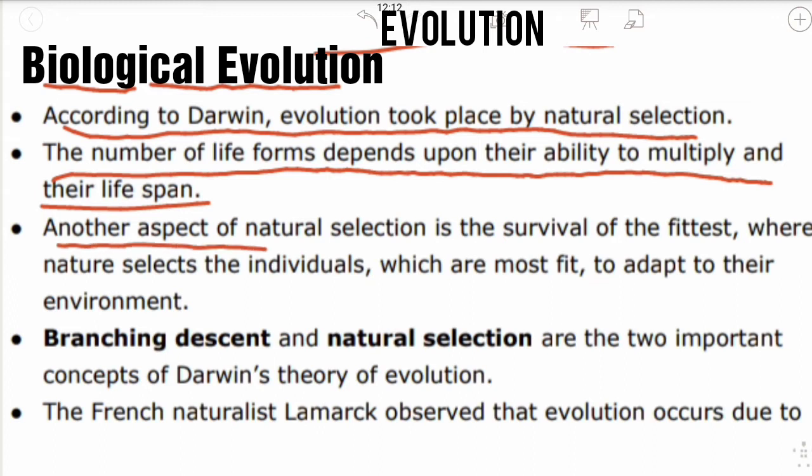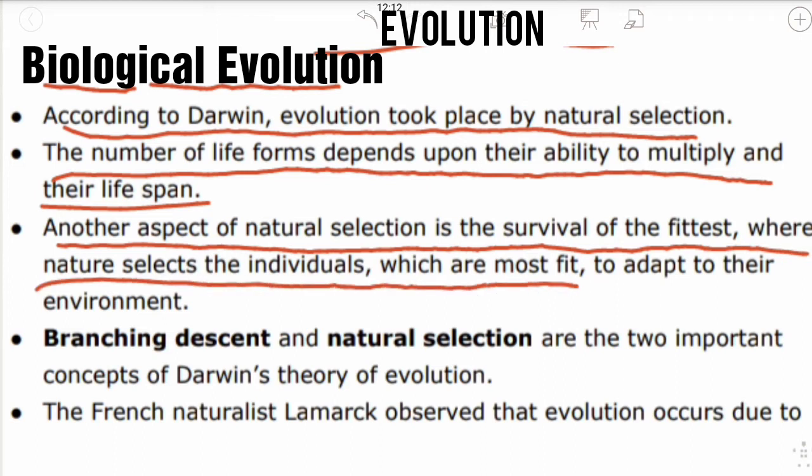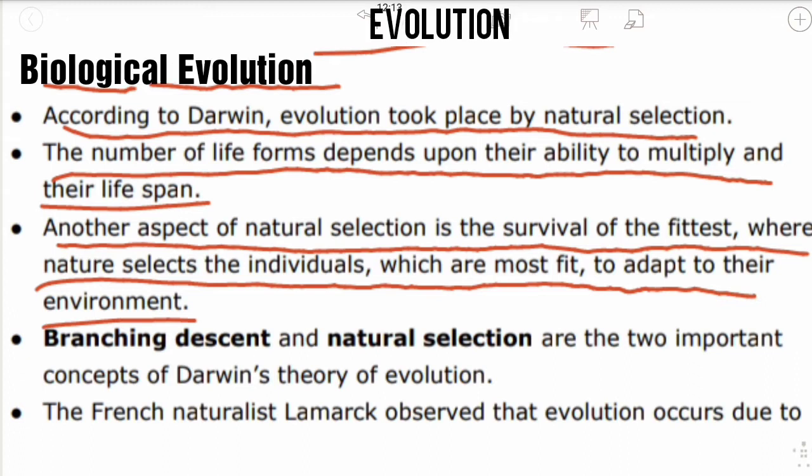Then another aspect of natural selection is the survival of the fittest, where nature selects the individuals which are most fit to adapt to their environment. According to Darwin, fitness mainly refers to reproductive fitness. So the ones who have the ability to reproduce at a higher rate leave more progeny, so the survival capacity is more.